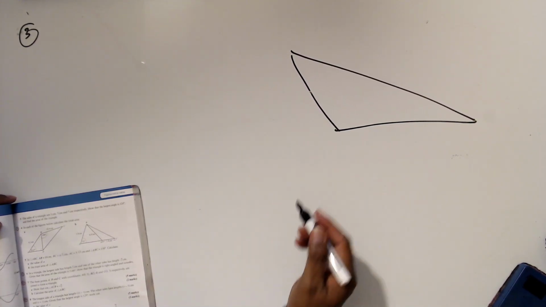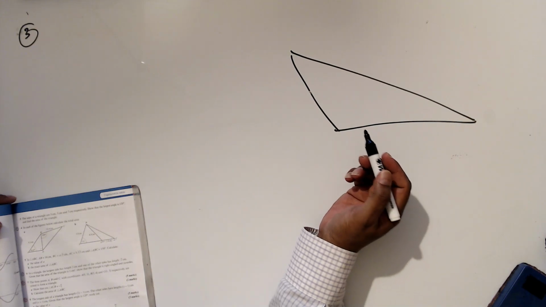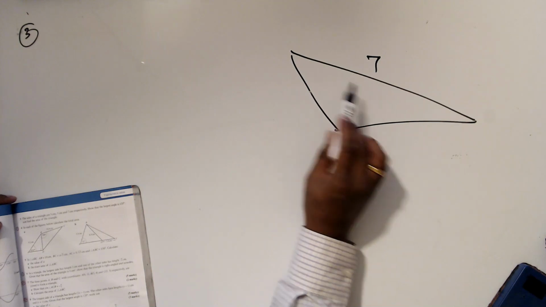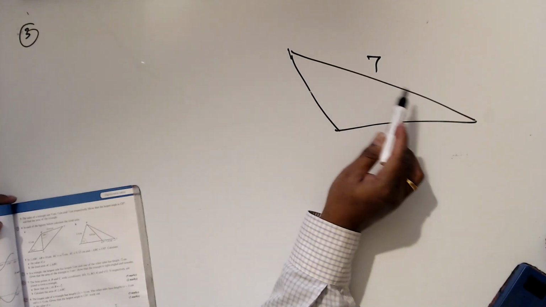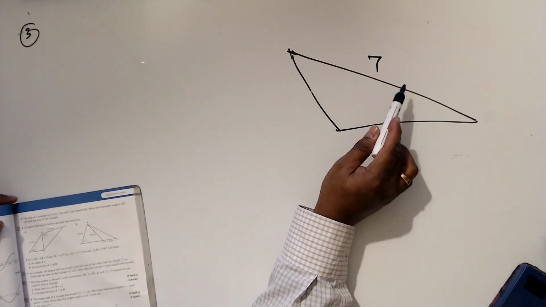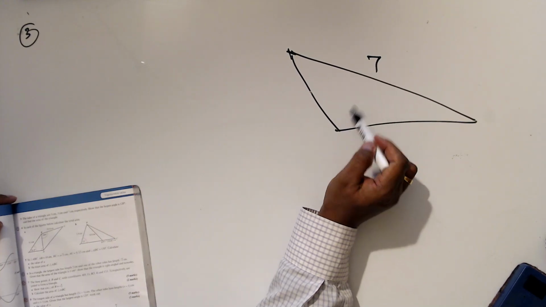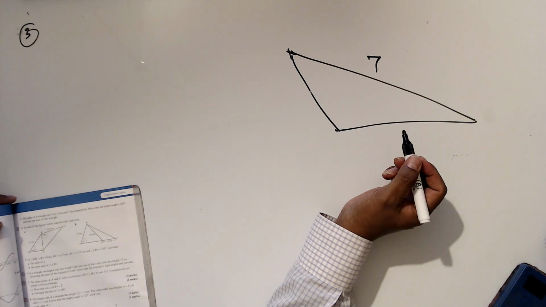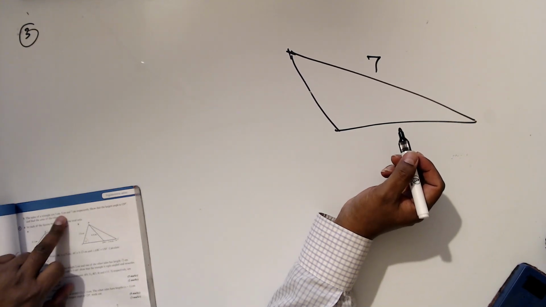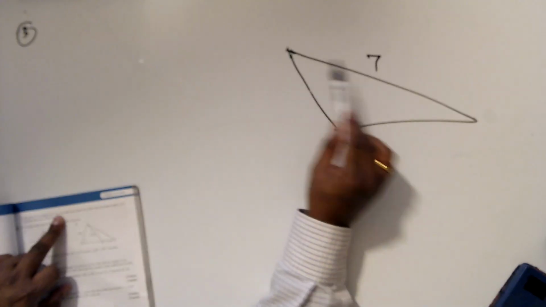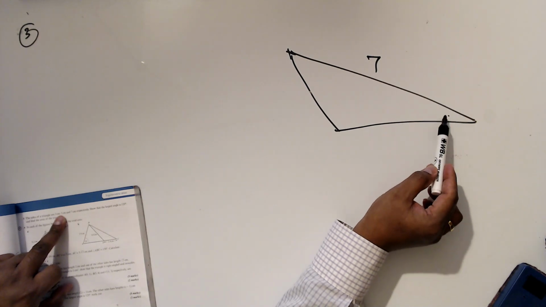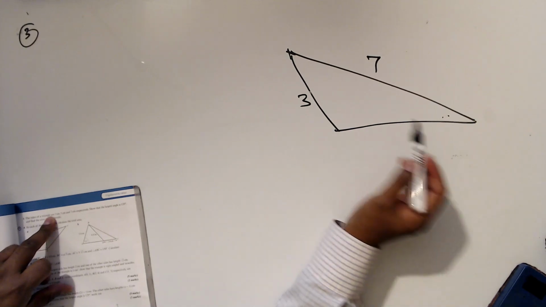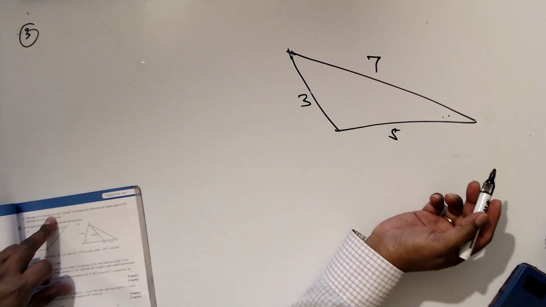We know this has to be 7, because the front of the largest angle should be the largest length. Then I will put 3 here, and this is much bigger, 5.